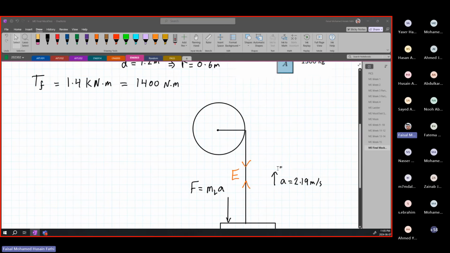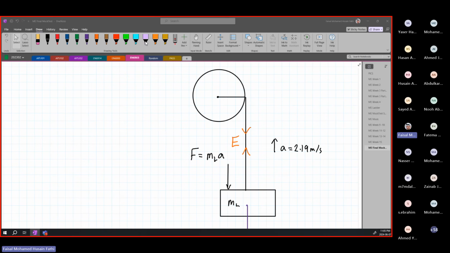And since acceleration is going up, what does this mean? Now we have acceleration going up, meaning this block is going upwards. And if we're going up over here, meaning this drum is going in this direction. It is accelerating in this direction.